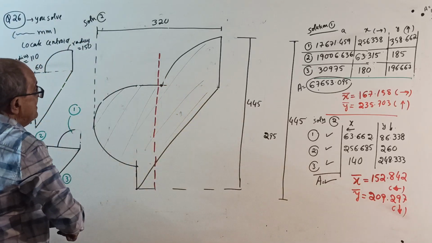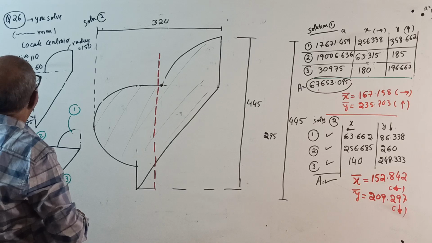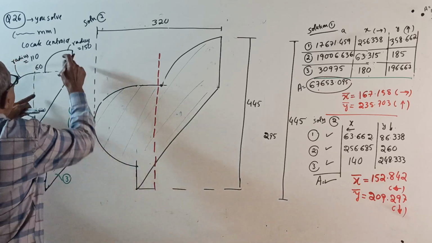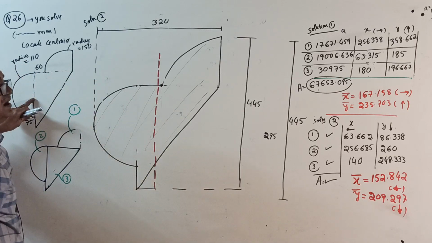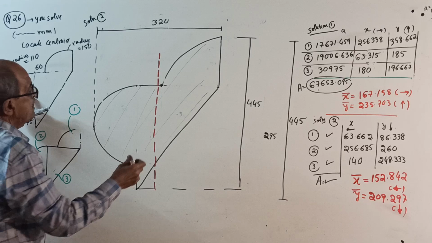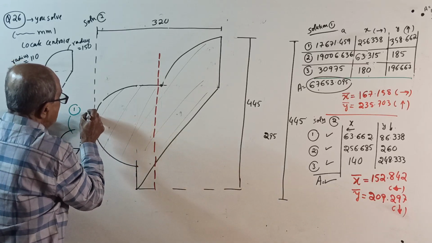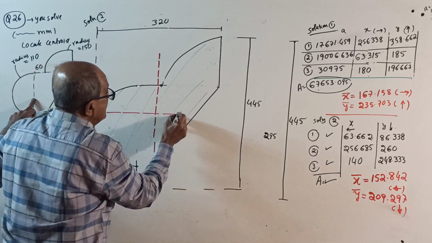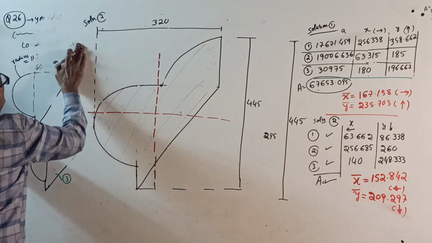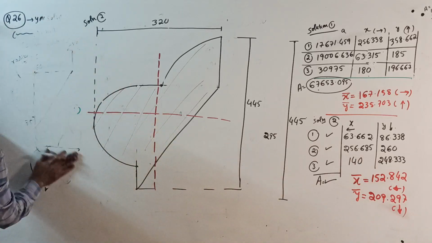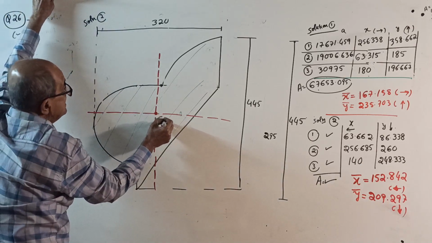Okay, then Y bar from top 235, 150 plus 110, 150, 250, 260, 235, slightly above center. Over. Okay. Now, whether you go for solution 1 or solution 2, nobody in the world can change this centroid.